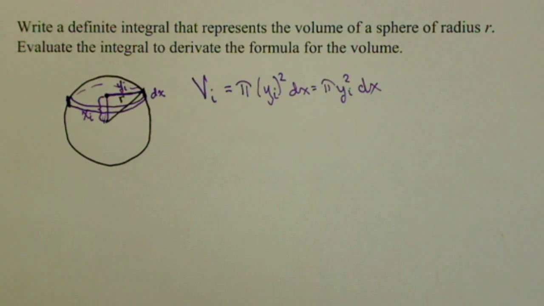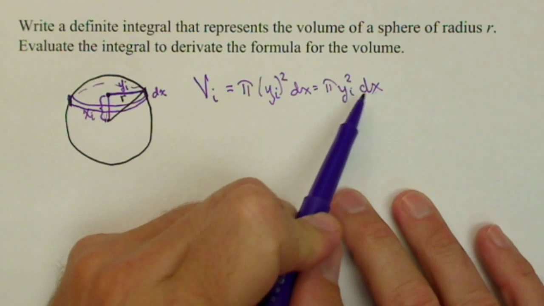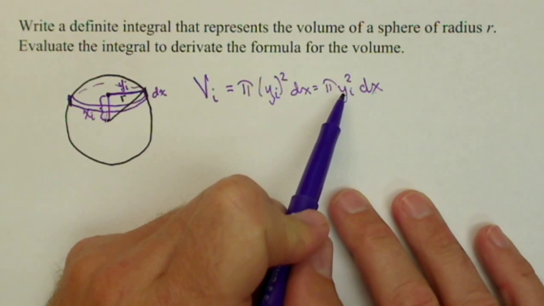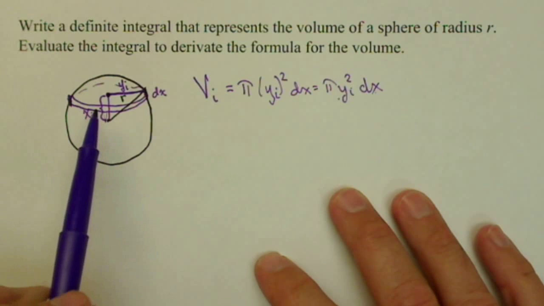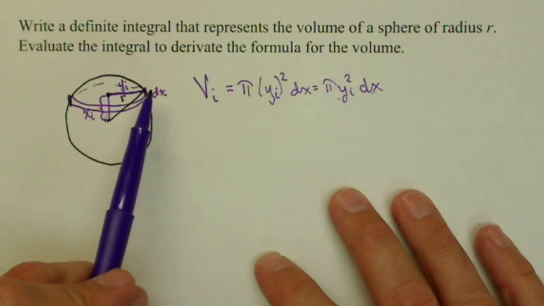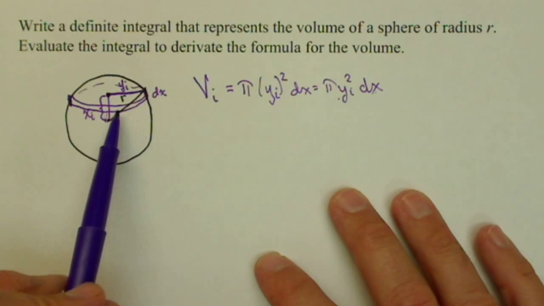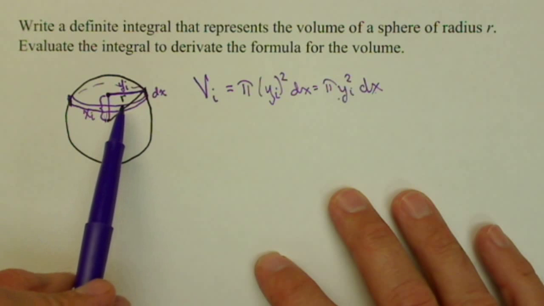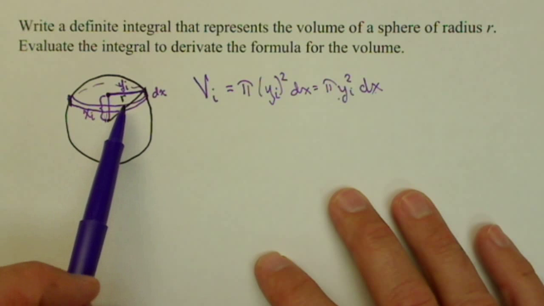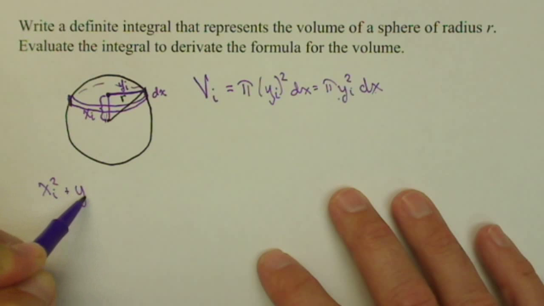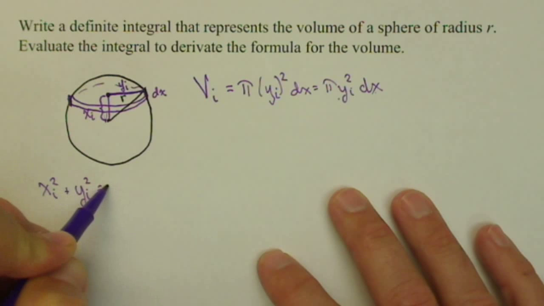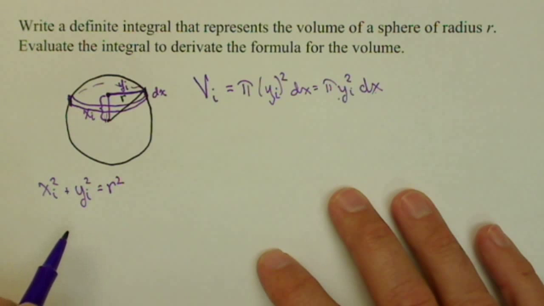This is a nice starting point, but what we want to notice right away, these variables don't match. We want to get a relationship between y sub i and x sub i, so that's our next goal. Well, you can see in my drawing, I've got a right triangle with r, which is a constant, that's why there's no sub i on it, as the hypotenuse. So I know x sub i squared plus y sub i squared equals r squared.